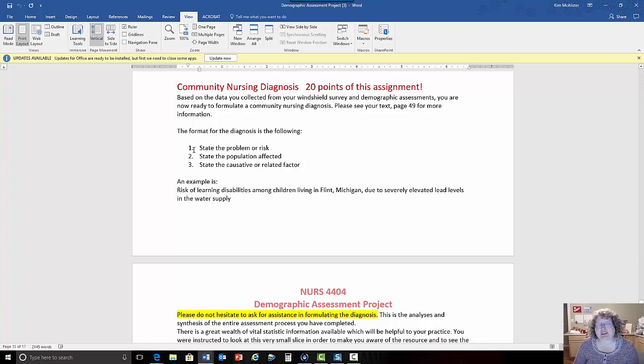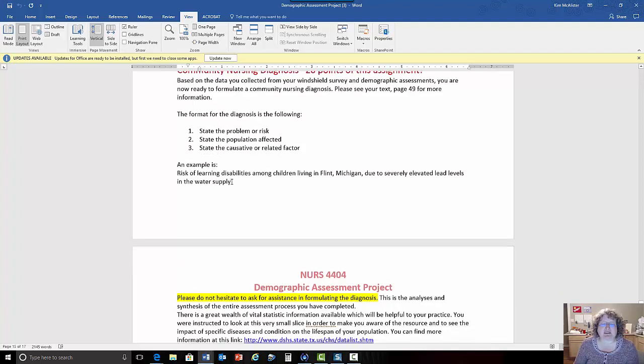So the format for a community health nursing diagnosis is, first of all, you state what the problem or the risk is. Then state the population that's affected, and then state the causative or the related factor.